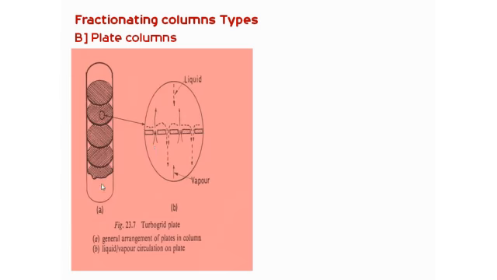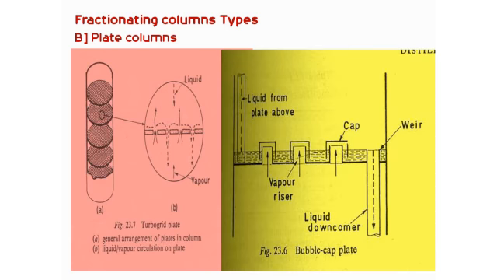Just see A, B, C, D, E in this type. If we connect this, the most volatile will reach here, the highest volatile. The next highest volatile will reach here, the next will reach here, somewhat like that, and the less volatile will be collected here, right? So this is the arrangement.